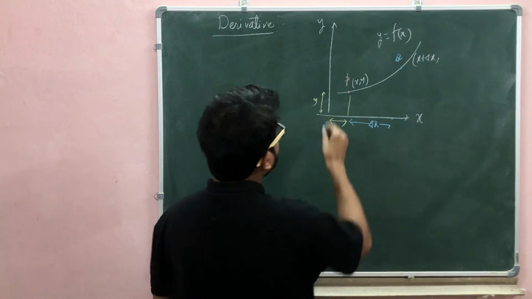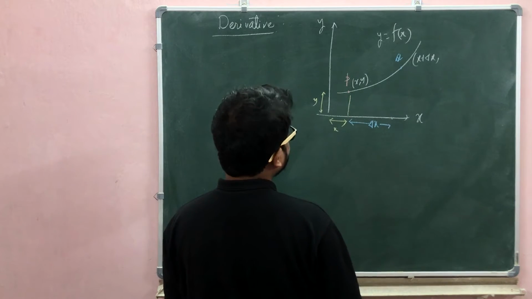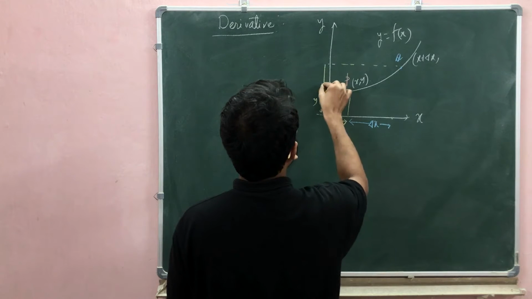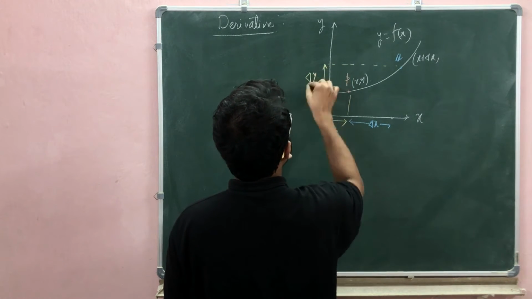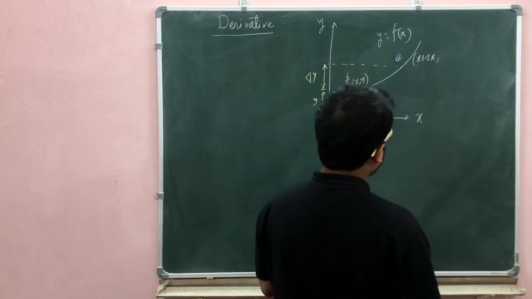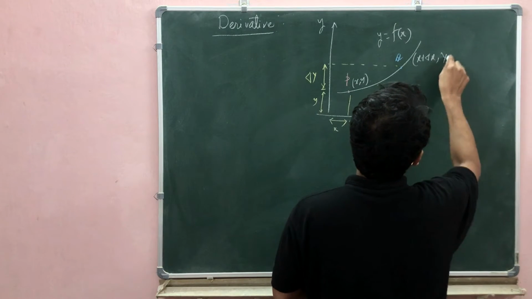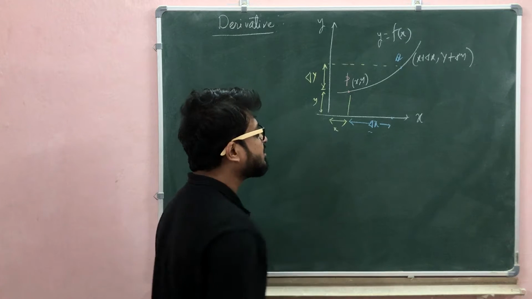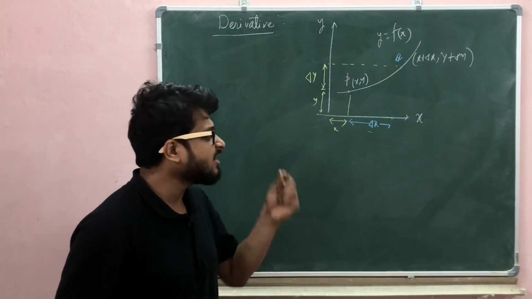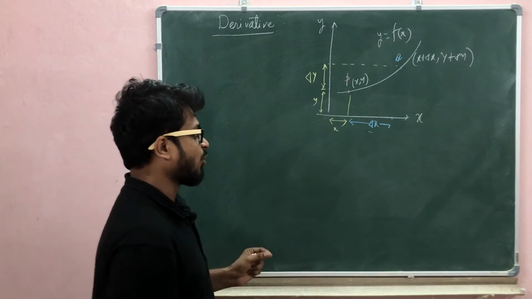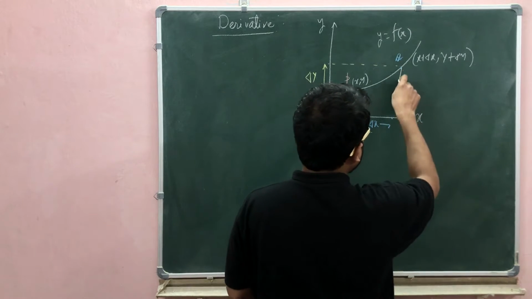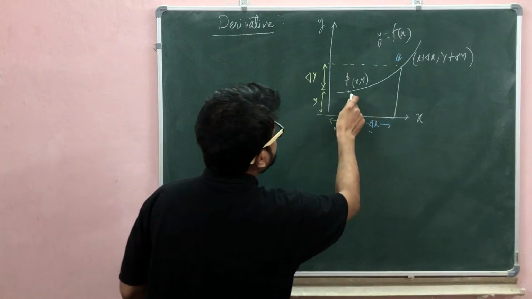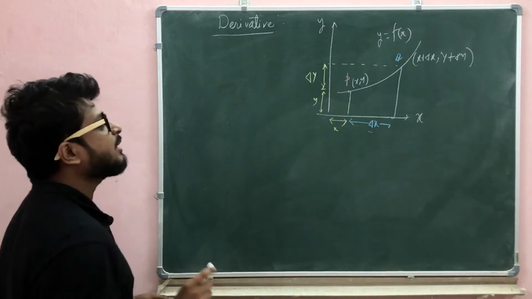Similarly, the increment on the y axis is delta y, and the coordinate is y plus delta y. The symbol delta is defined as a very small increment, very small. So that is a curve.